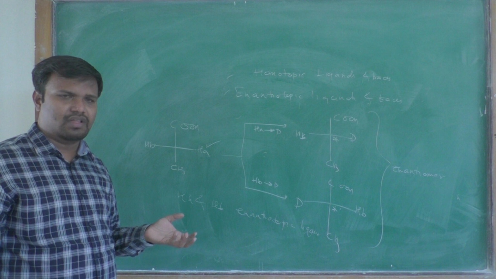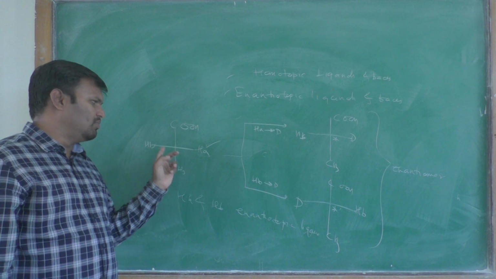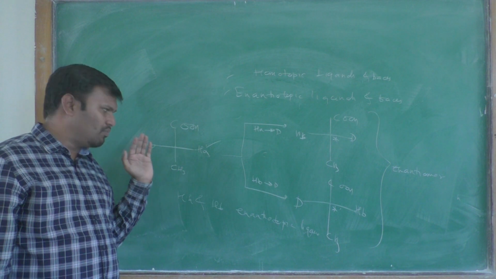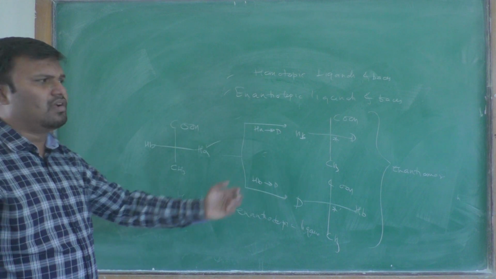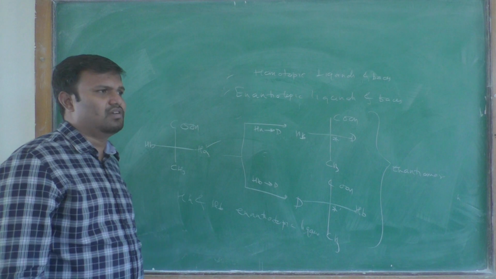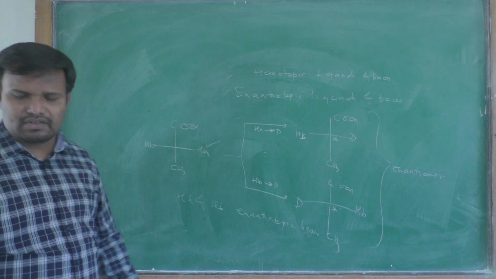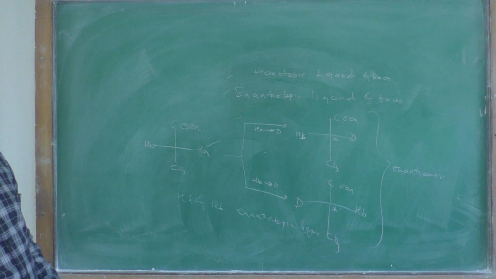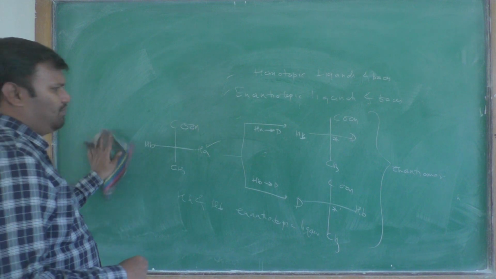Prochiral compound means what? After one single step, your molecule is converted into a chiral center, and the previous molecule is called the prochiral molecule. In that way we can define the enantiotopic ligands.